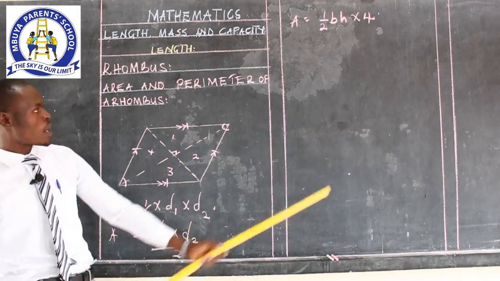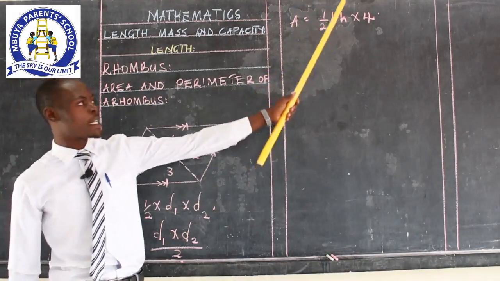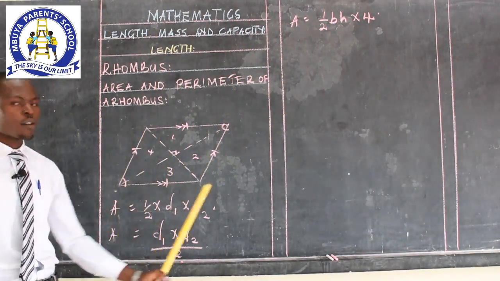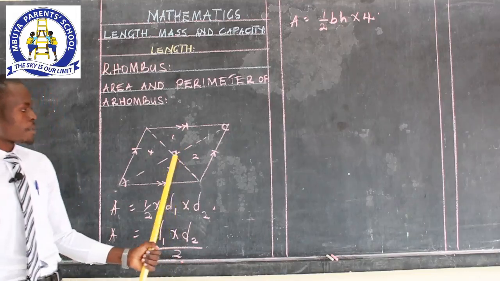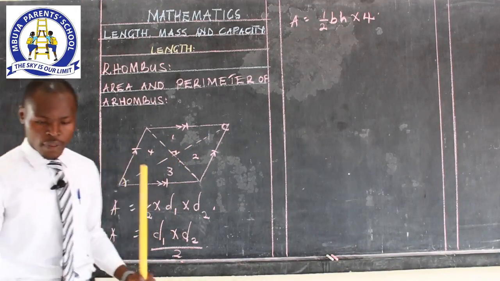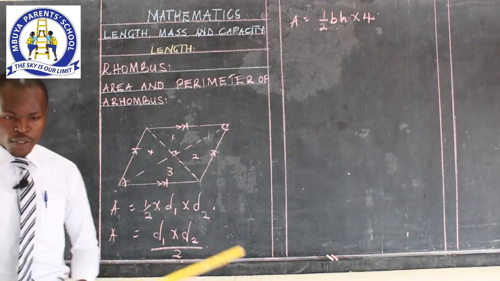So if we get the area of one triangle and multiply by 4, we shall get the area of the whole figure. Remember, this is a rhombus, and it is made of these 4 right-angled triangles that we are all viewing here. I want to go direct to our question.